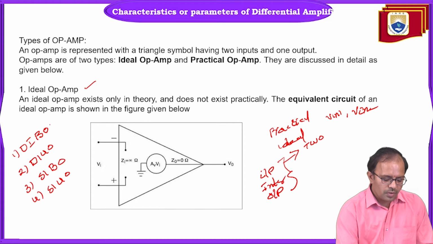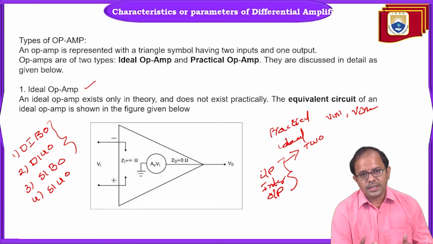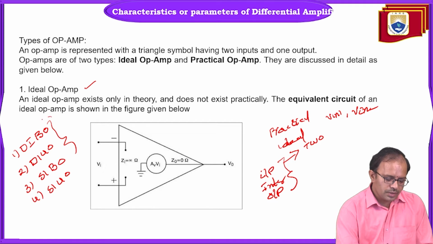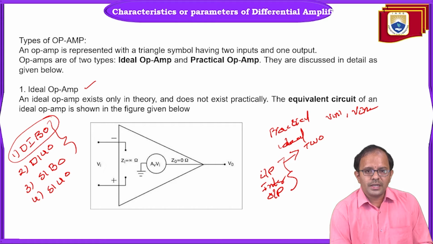These are the four types of differential amplifier that are available for configuring. We can have these four possible configurations for any differential amplifier. The most frequently used differential amplifier is going to be dual input balanced output.